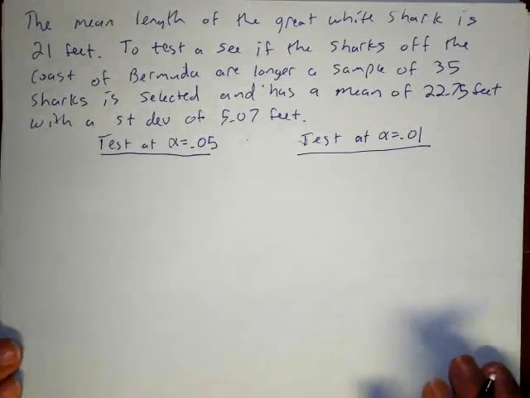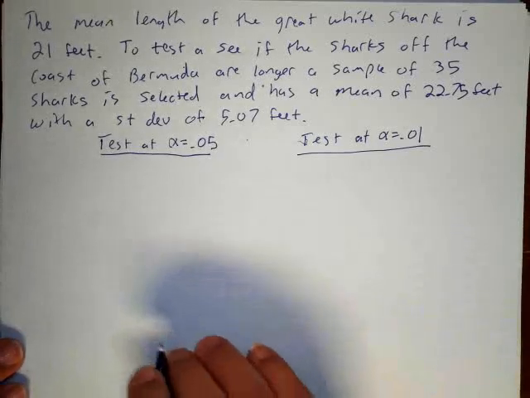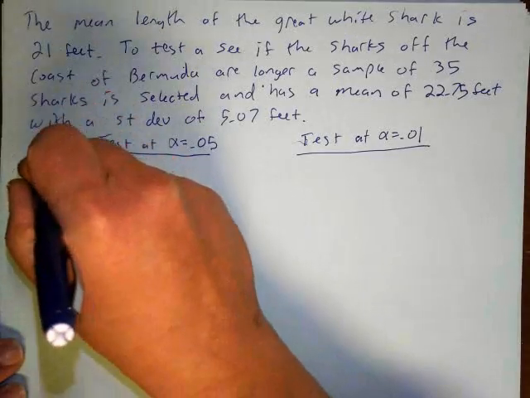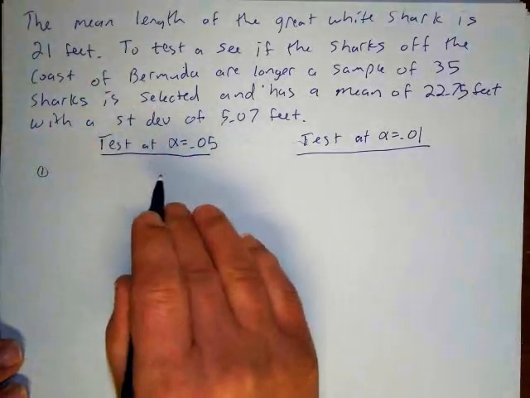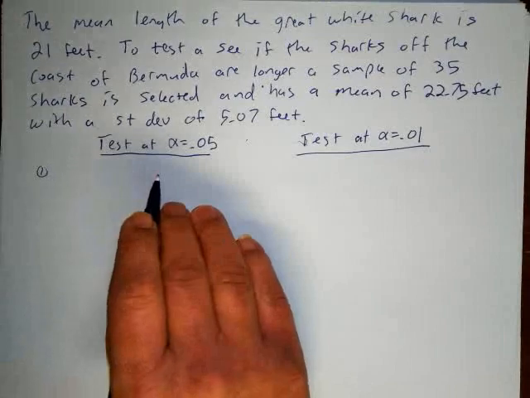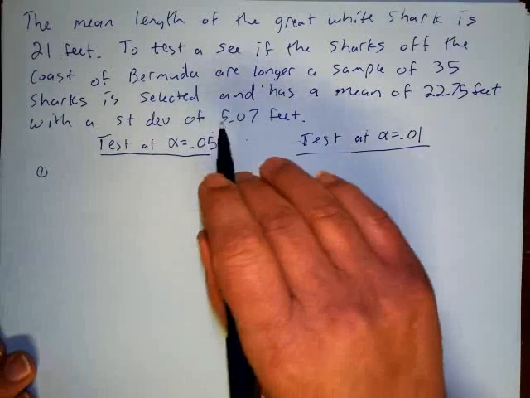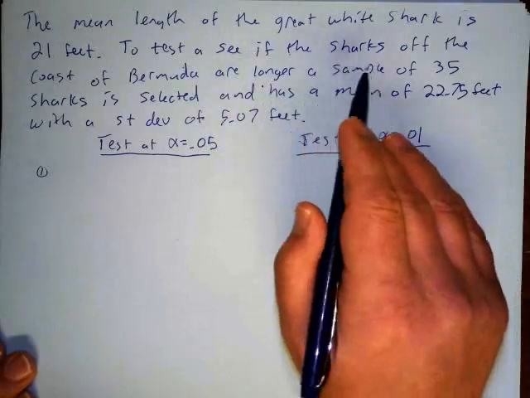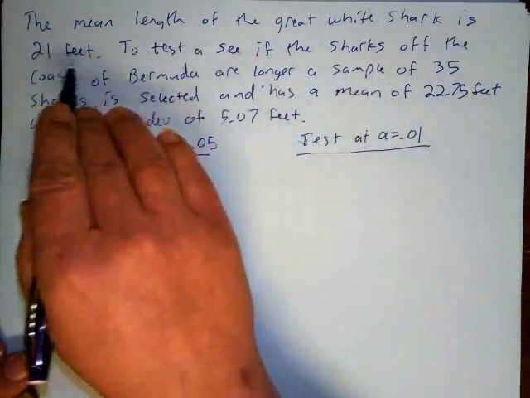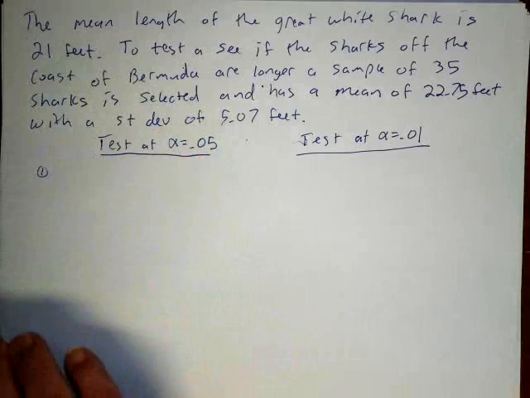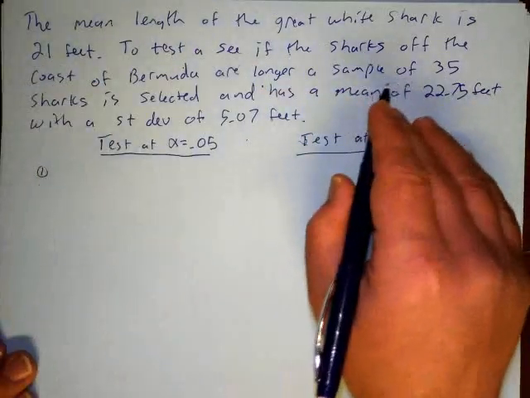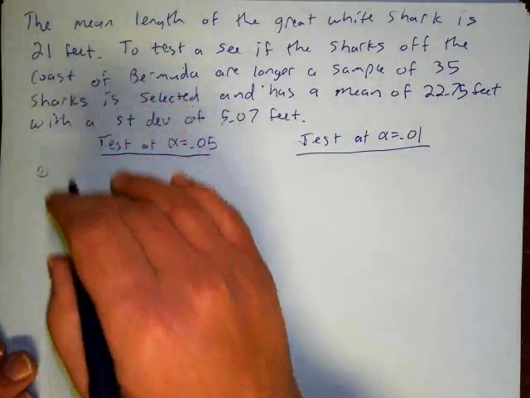Okay, so let's see how you did here. For this first test, we're going to perform it at the 0.05 significance level. The hypothesized mean will be 21 feet, and we want to see if the sharks off the coast of Bermuda are longer than that.